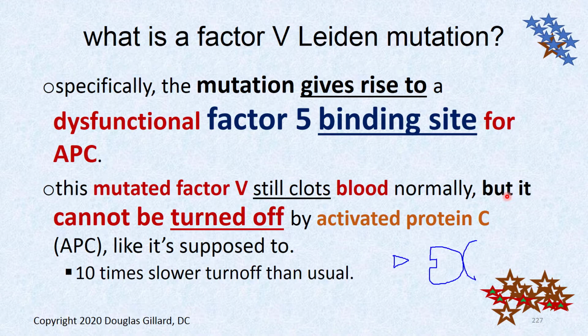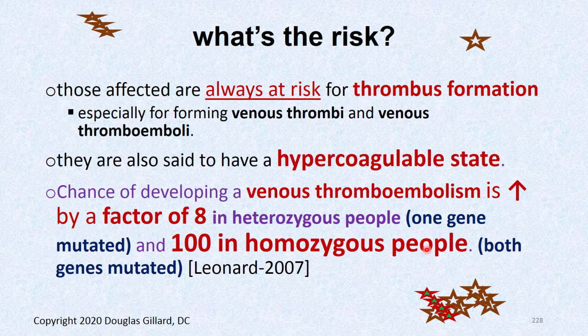This guy is clotting like crazy. And this guy comes to bind, and it can't bind because the binding site is screwed up, right? So that is the factor V Leiden mutation right there. It's a binding site mutation. Everybody good with that? Pretty simple.